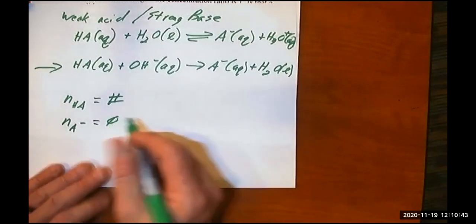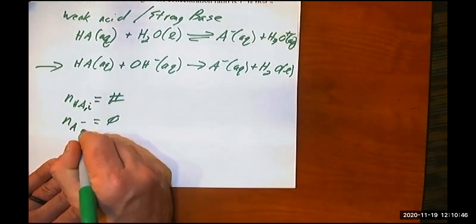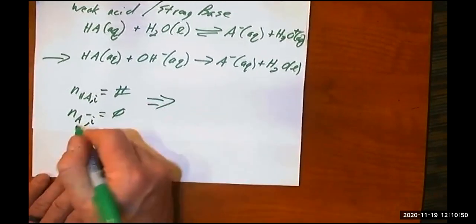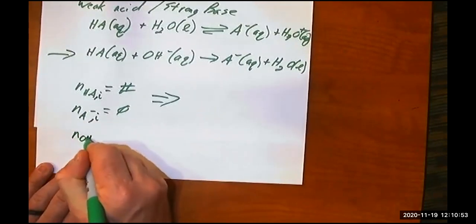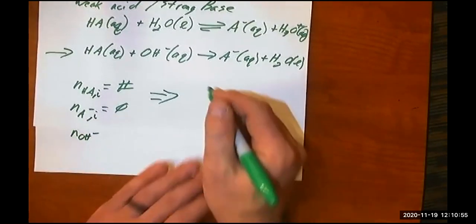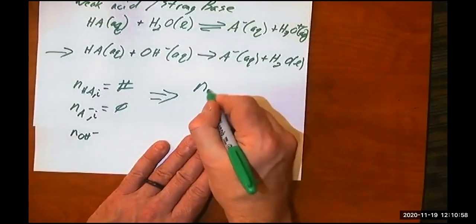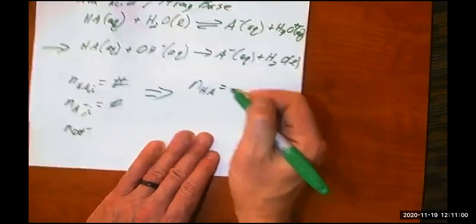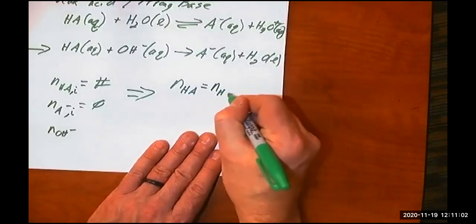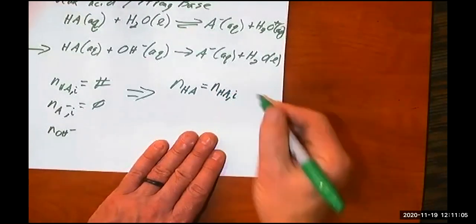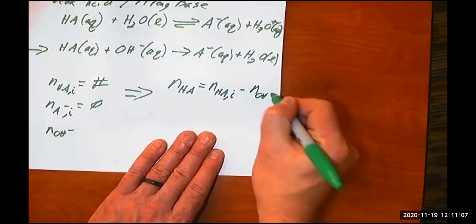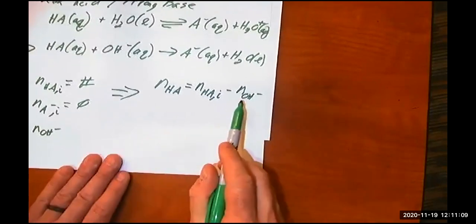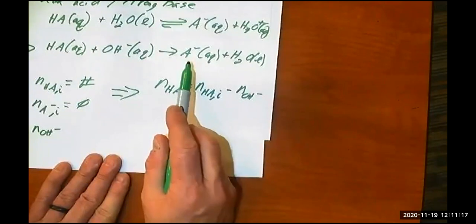I'm going to mark these as initial, so comma I. After we add base, we add an amount of OH minus to the system. Our new number of moles of HA is going to be the number of moles of HA we started with minus the number of moles of hydroxide, because each bit of hydroxide pulls a hydrogen off of HA, turning it into A minus.